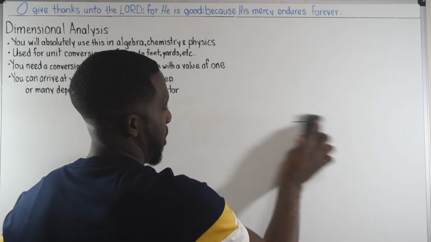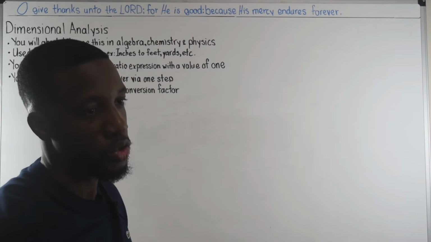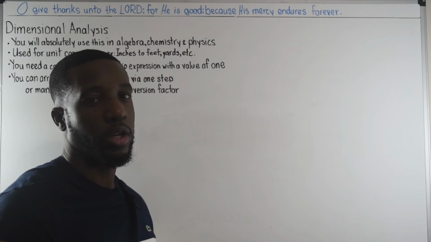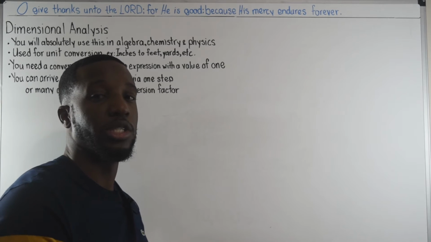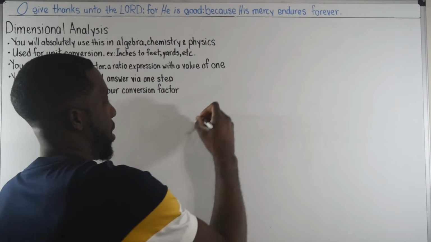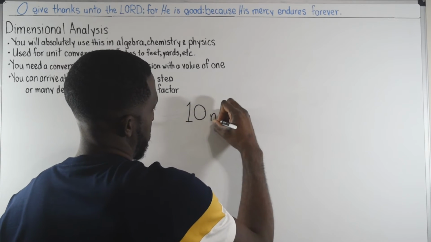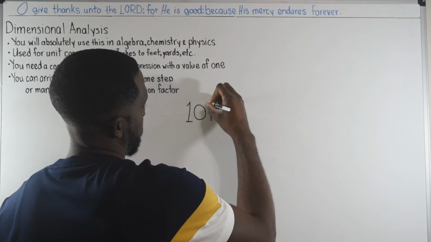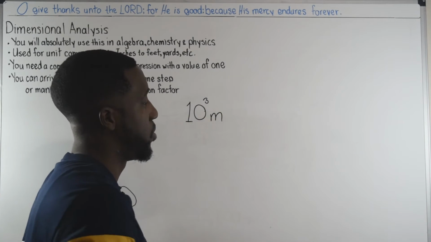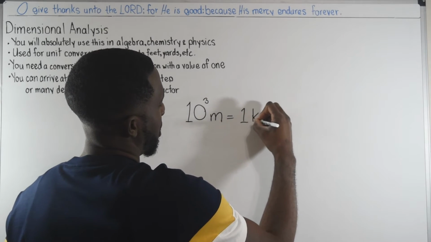All right, now when you're going into higher level STEM, you start doing stuff in the metric system with scientific notation. You know, so if I have something like this right here, 10 to the third meters, right? 10 to the third meters equals 1 kilometer.